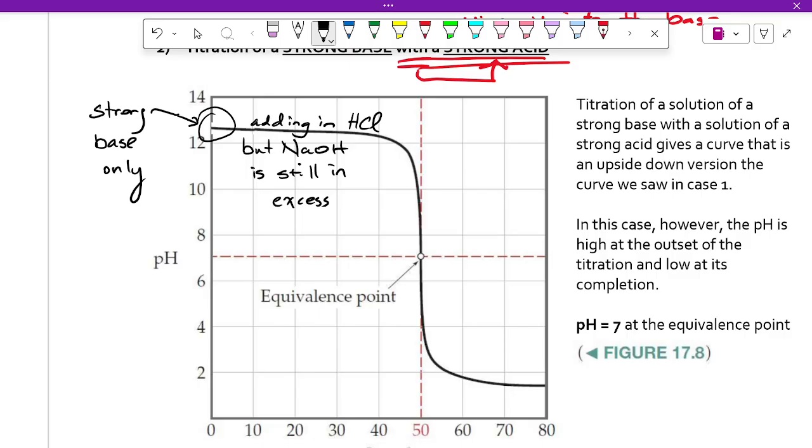Where do we put the equivalence point? Remind me, the equivalence point goes at the middle of the vertical. This is a strong acid and a strong base. What is the pH at the equivalence point? 7.